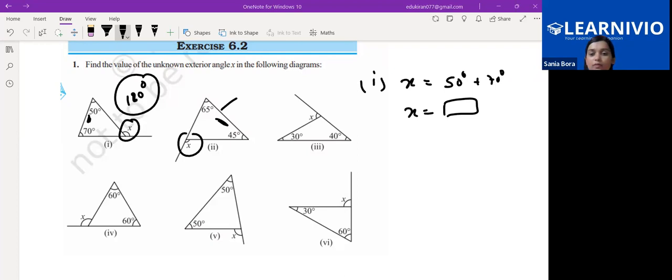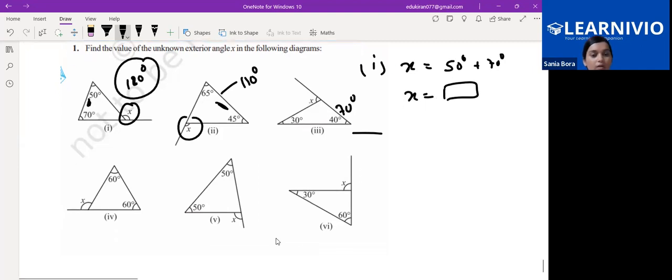Hepzibah wrote in the chat box 110. Third one, Ananya. 70 degrees. Everybody got the 70 degrees? Any question, if you people didn't get the answer, just let me know so that I can solve it.